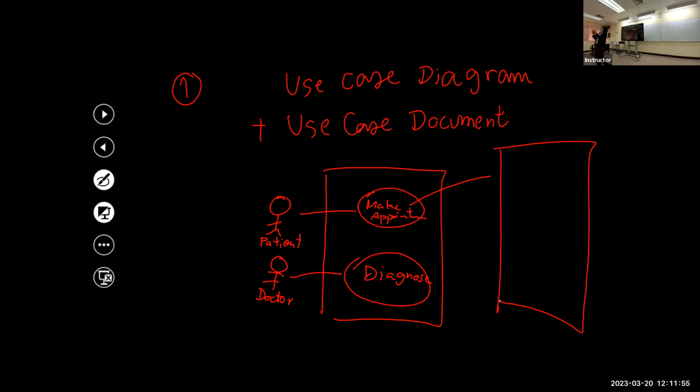What would be the steps for successful execution of the use case? And what are the triggers or things that would happen and so on. We discussed that. So this is what you start with.